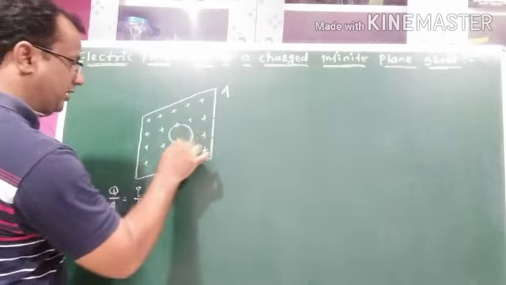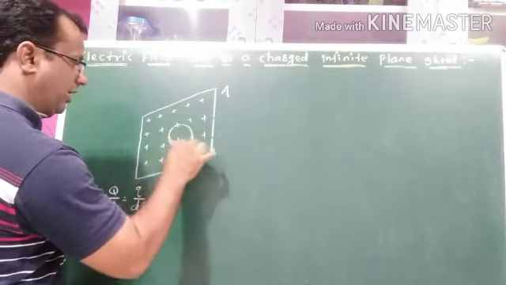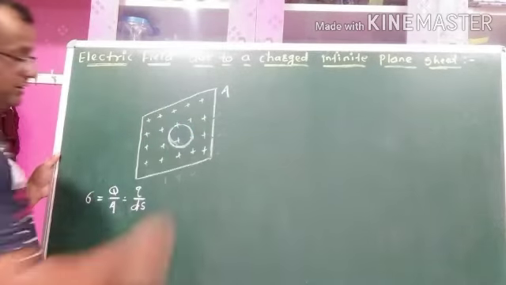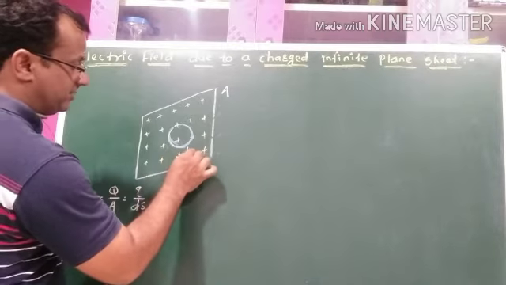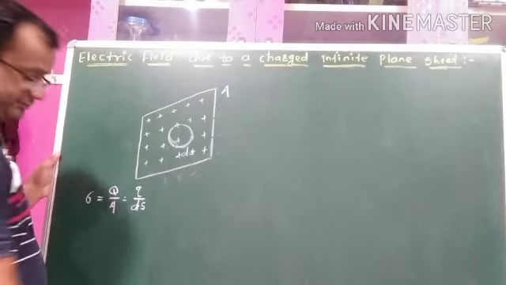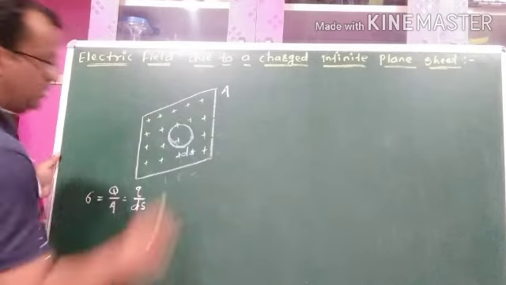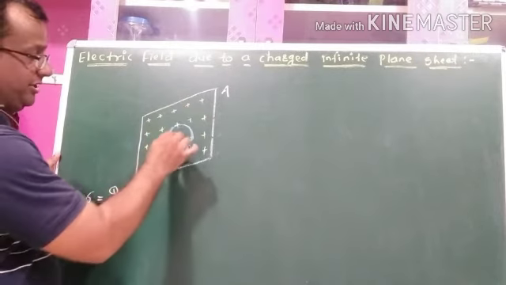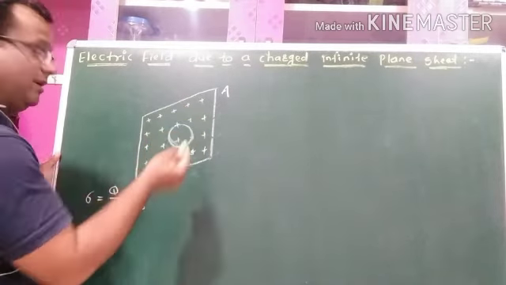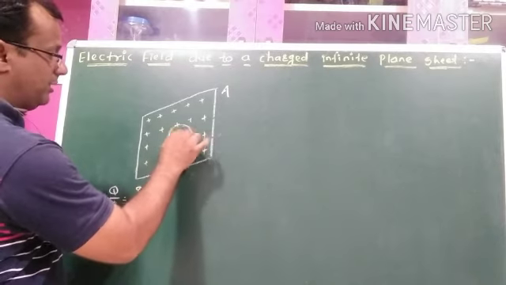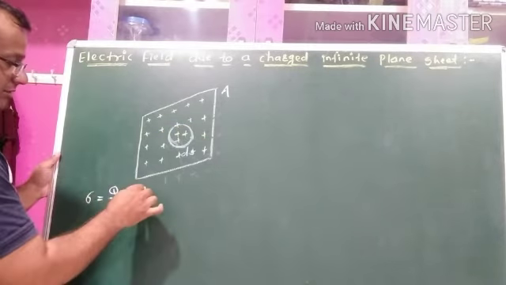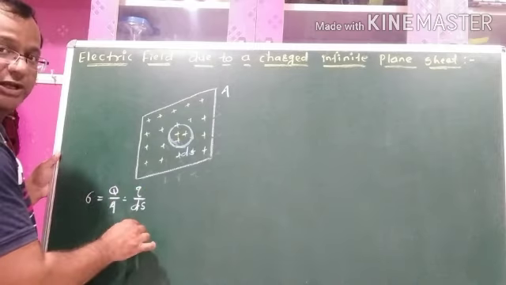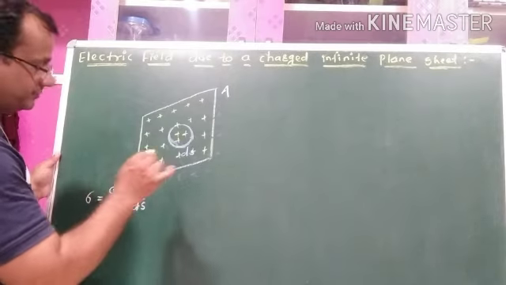Suppose this is the small area, with area ds. The charge density inside this small area is also the same, that is sigma, which is equal to the charge upon the area ds.